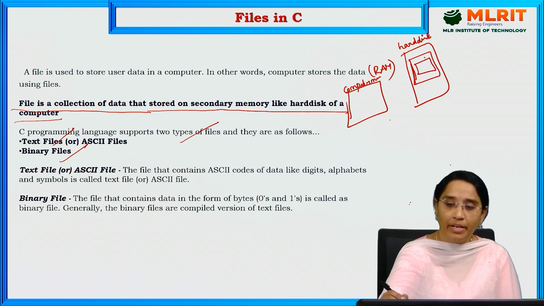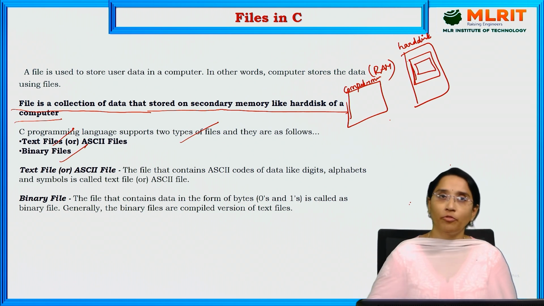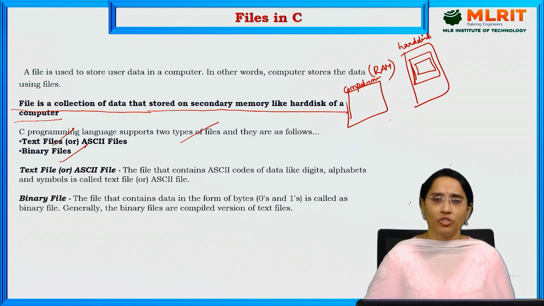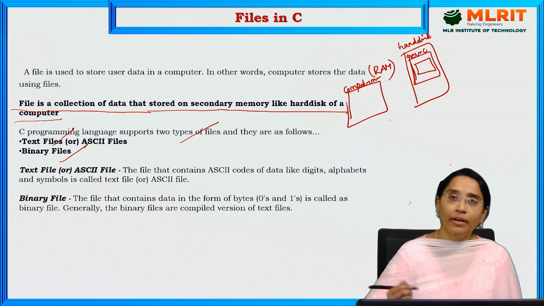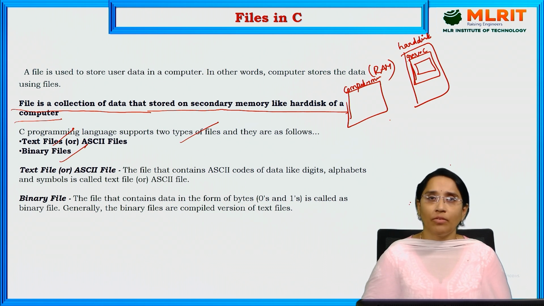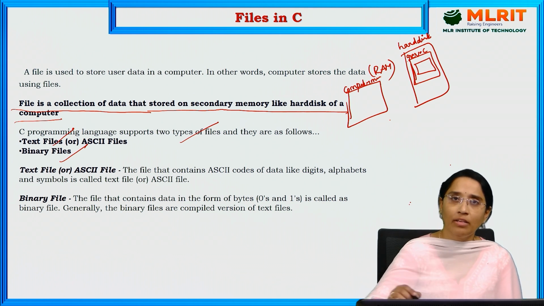Suppose I have created a file like addition of two numbers, or any function program, like reverse.c. That file I want to store in the hard disk of a computer, and the processing will be done in the CPU.